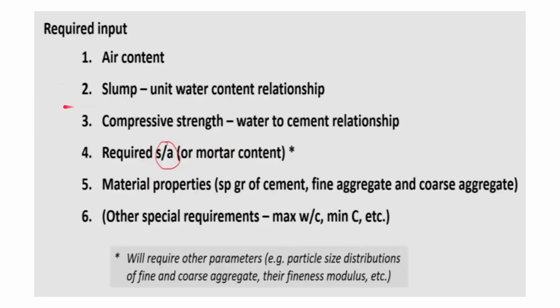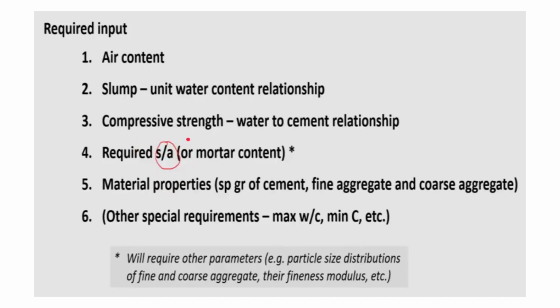Basically, we require these 6 inputs for designing. One is the air content, second is the slump and unit water content relationship, third is the compressive strength water cement ratio relationship, fourth is the S by A. If you have gone through the mix design code, this S by A was the parameter used earlier. Nowadays they use coarse aggregate by total aggregate, but both are interrelated.